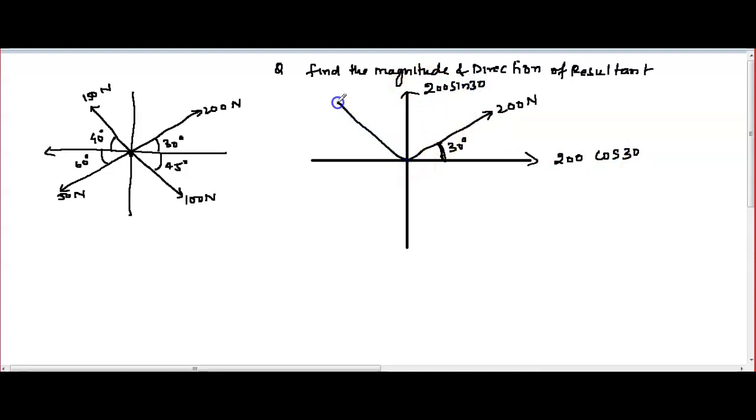Next is this one, 150, with the 40 degrees given here. Upside, 150 sin 40. The components always lie between the forces. Another force is this 50 newtons, 50 cos 60, negative exactly.